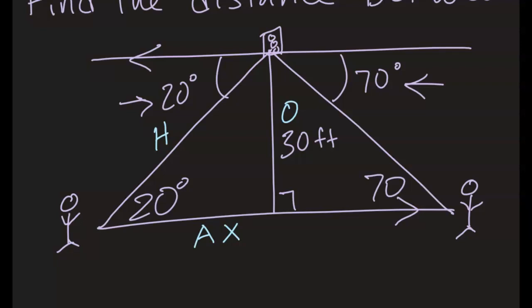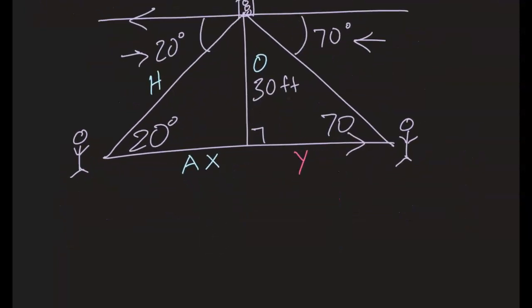Is that x the entire bottom length between the two people? You'll also have to find the right-hand triangle's bottom length, and then once you find the two, you'll have to add them together. But let's first find x. So we have 20 as our angle, that's our theta, right?